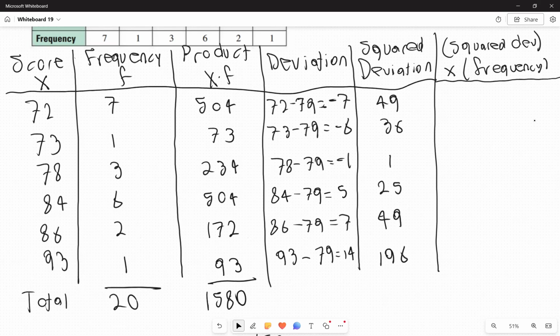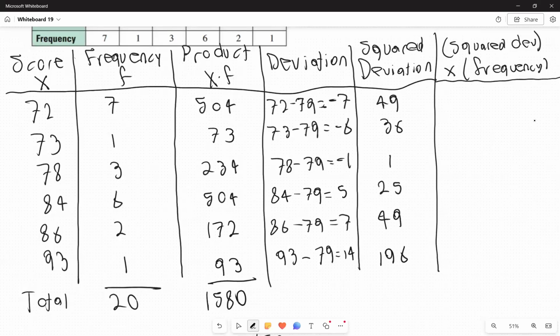And the last step, we multiply the square deviation and the frequency, because when we find the standard deviation, we add 49 seven times, 36 once, 1 three times, 25 six times, 49 twice, and 196 once.